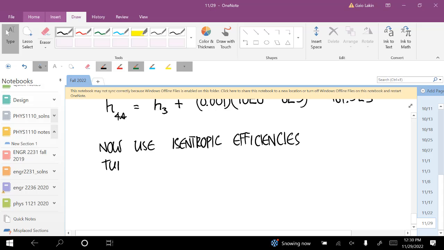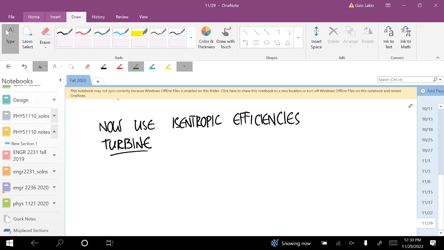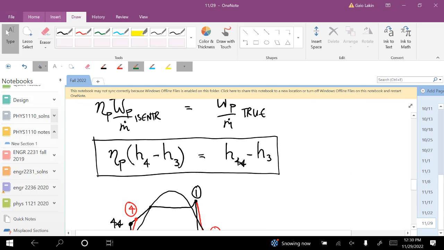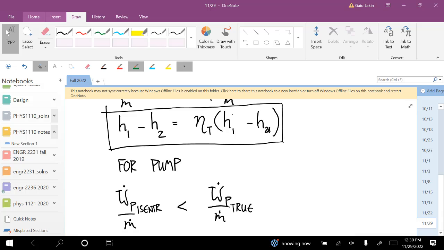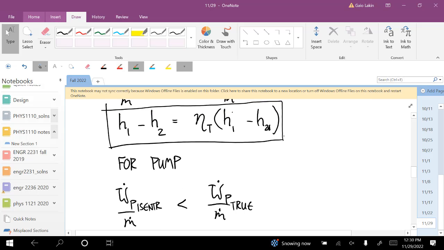I'll do the turbine first. So we figured out that for the turbine, to get the true enthalpies, we're going to multiply the isentropic efficiency by the ideal enthalpy differences.